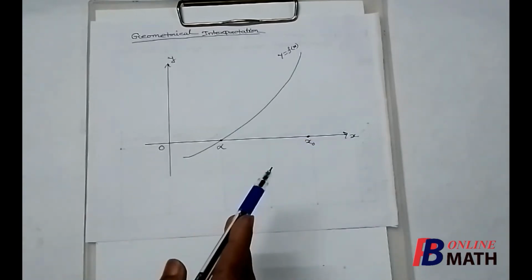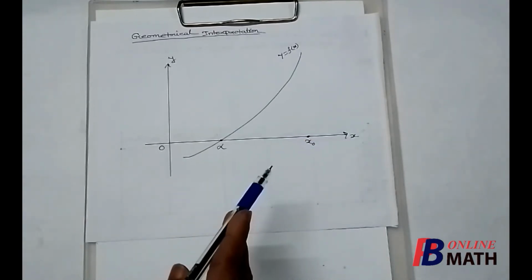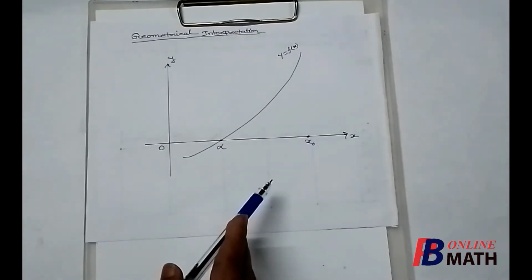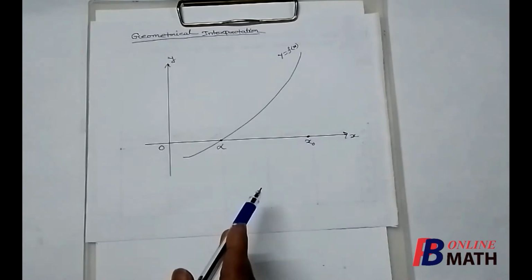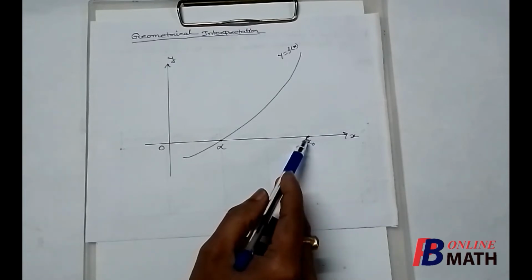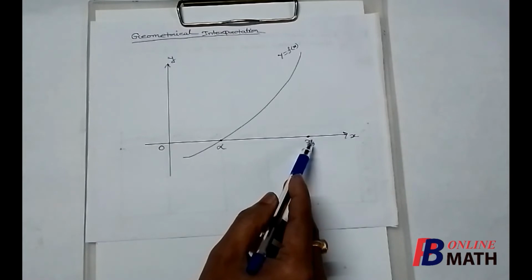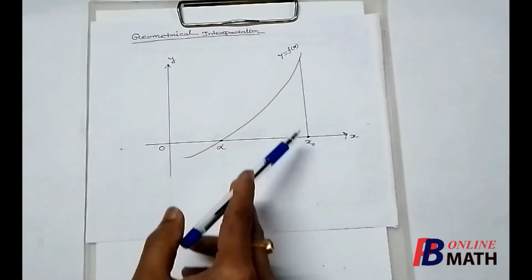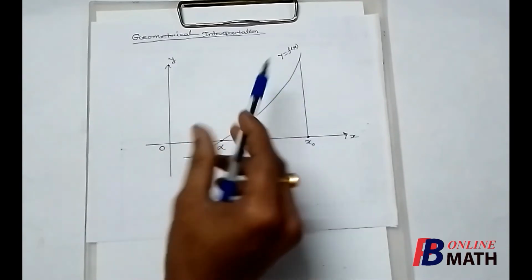Now in Newton-Raphson method, we find the successive approximations by drawing tangent. That's why this method is known as tangent method. So if we take the initial approximation as x0, and if we draw perpendicular at this point x0, then this perpendicular cuts the curve at this point.